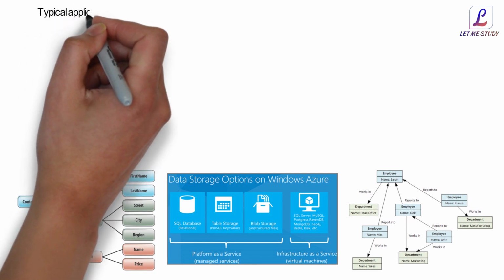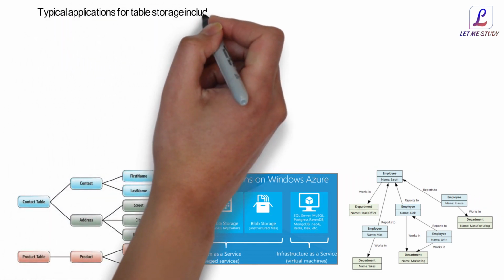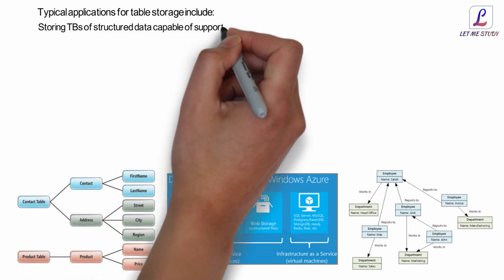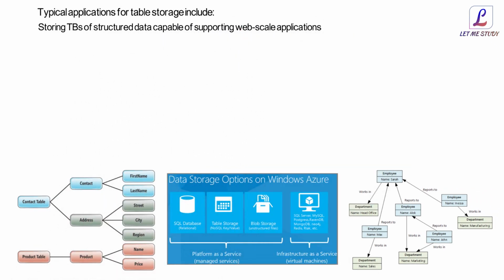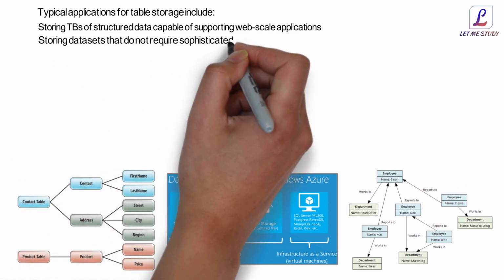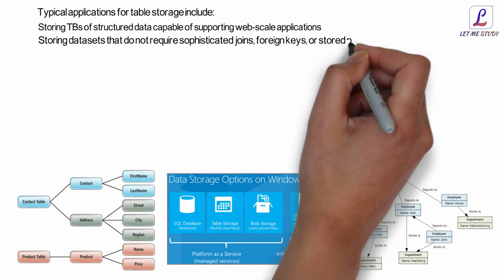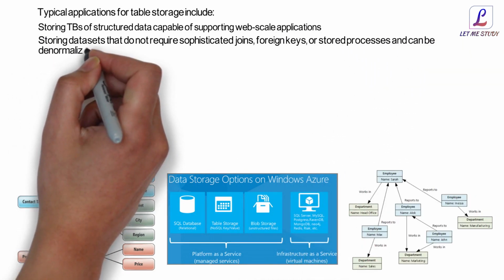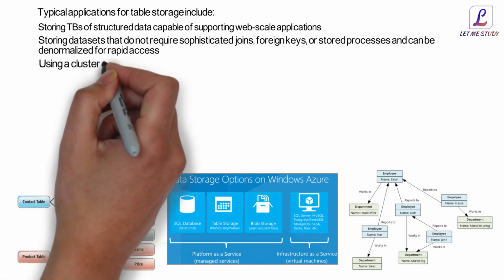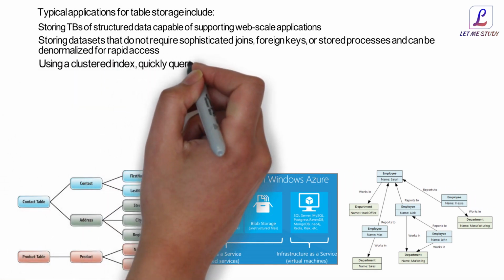Typical applications for table storage include storing TBs of structured data capable of supporting web-scale applications, storing datasets that do not require sophisticated joins, foreign keys, or stored procedures and can be denormalized for rapid access, and using a clustered index, quickly querying the data.